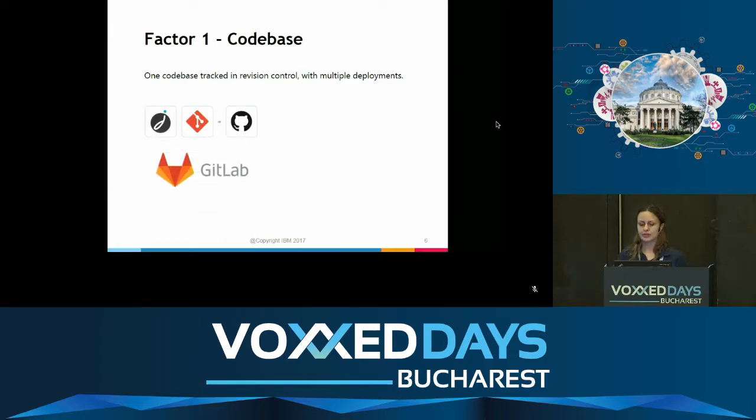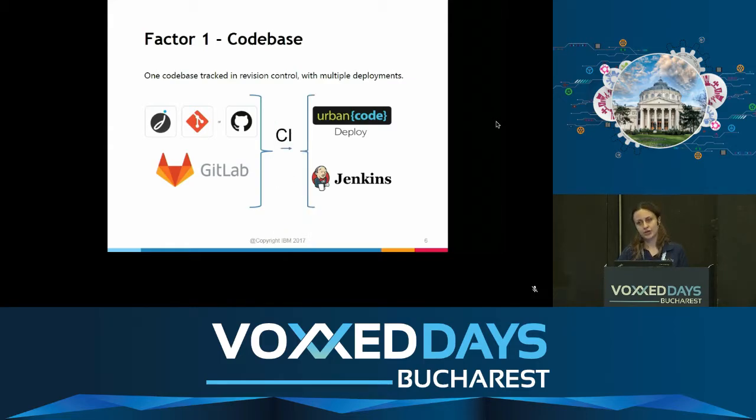The most commonly used for the code base in the case of the cloud is, of course, our best friend Git. It's the most used repository: Git, GitHub, GitLab, or Jazz. That's an IBM product. Any of those in combination with tools like Jenkins or UrbanCode Deploy, which help you create your own build jobs or your own deployment jobs, help you to have continuous integration.